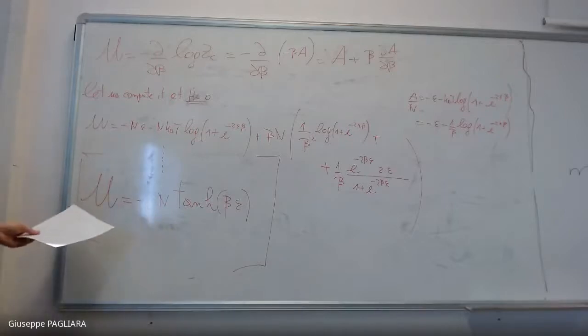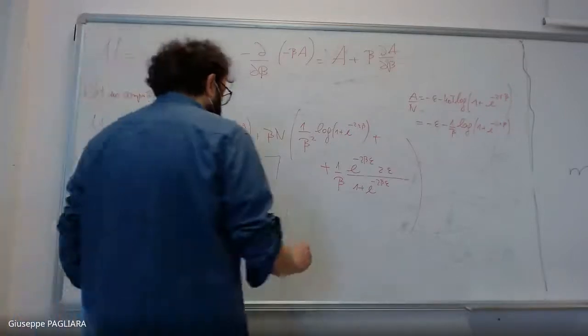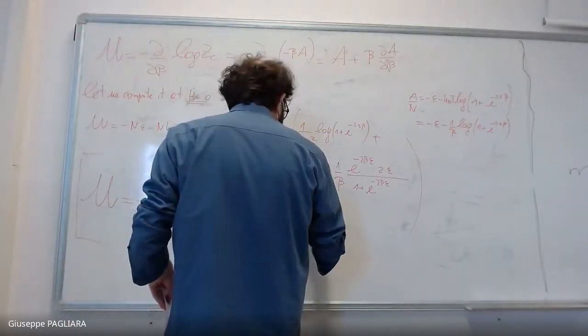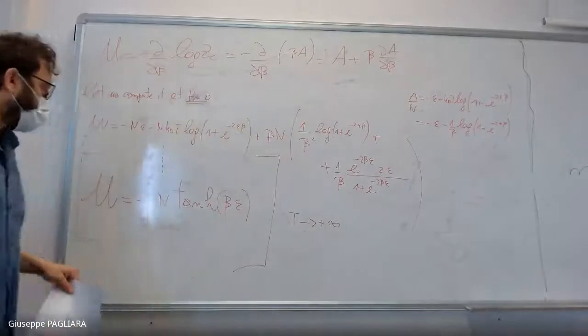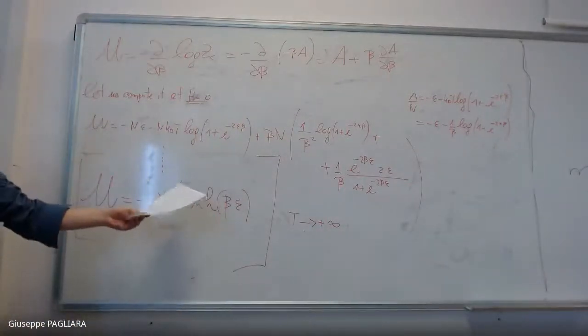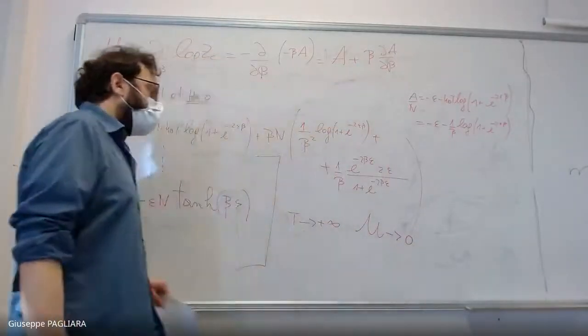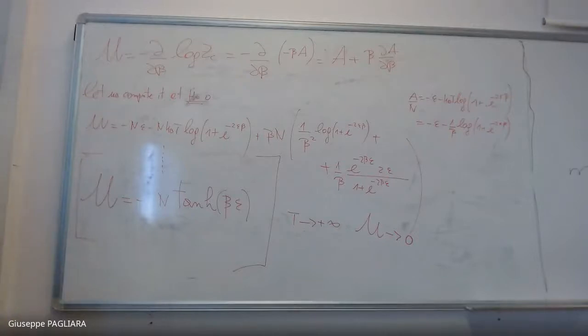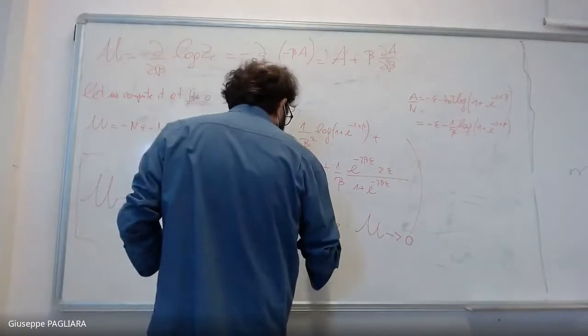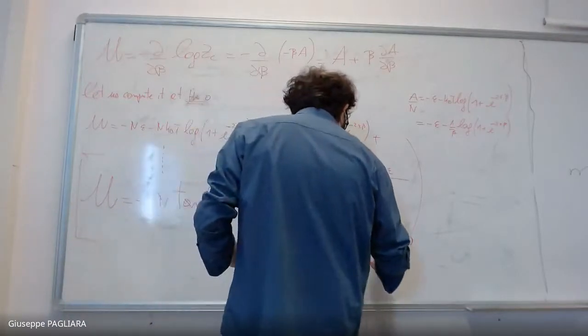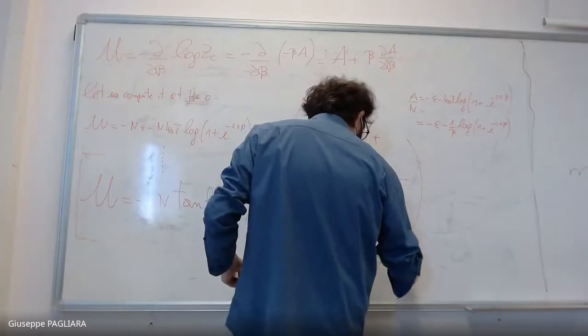Now you notice that if T is large, at fixed epsilon, so if T is going to plus infinity, then U is equal to 0. Whereas if T is small, this tangent goes to 1, and therefore U is minus epsilon N. So if T is approaching 0, U becomes minus epsilon N.